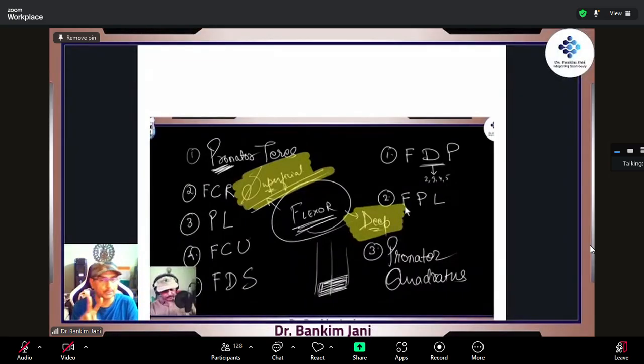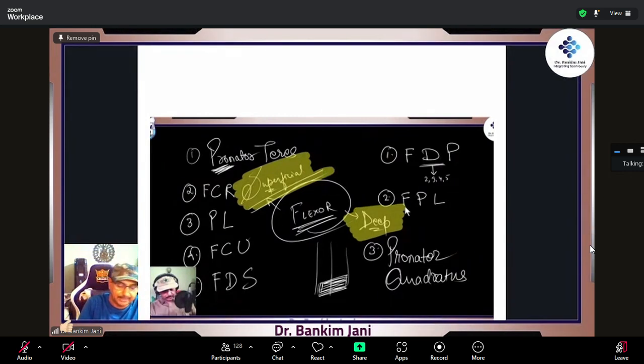You remember there are 2 pronators: pronator teres and pronator quadratus, and against that there is the supinator. There is only 1 supinator, single, and plural for the pronators. Pronator teres is above, pronator quadratus is below.